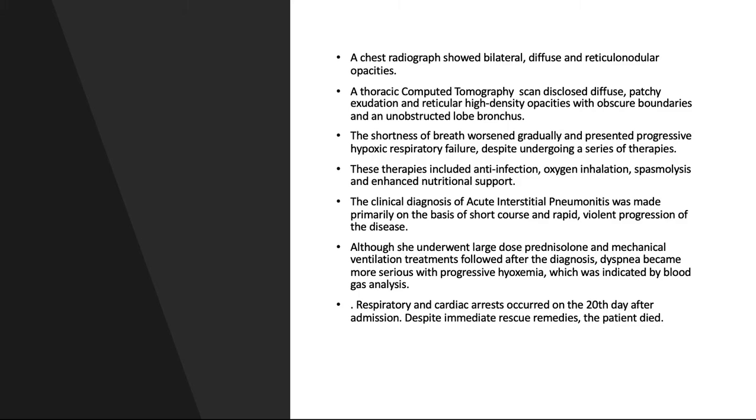The shortness of breath worsened gradually and she presented progressive hypoxic respiratory failure despite undergoing a series of therapies. These therapies included anti-infection, oxygen inhalation, spasmolysis, and enhanced nutritional support.